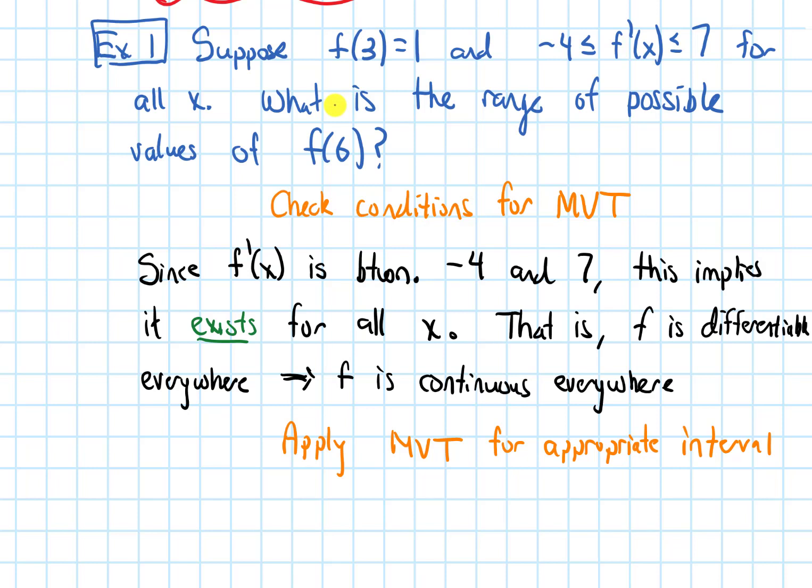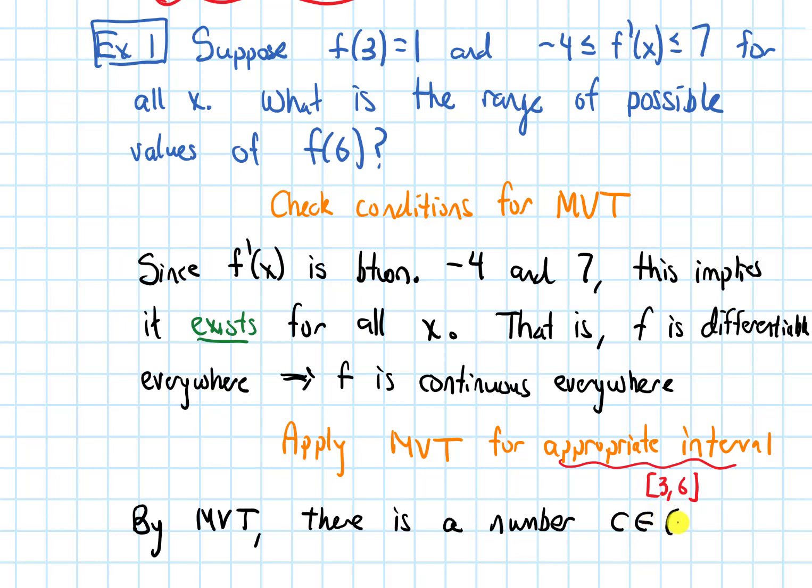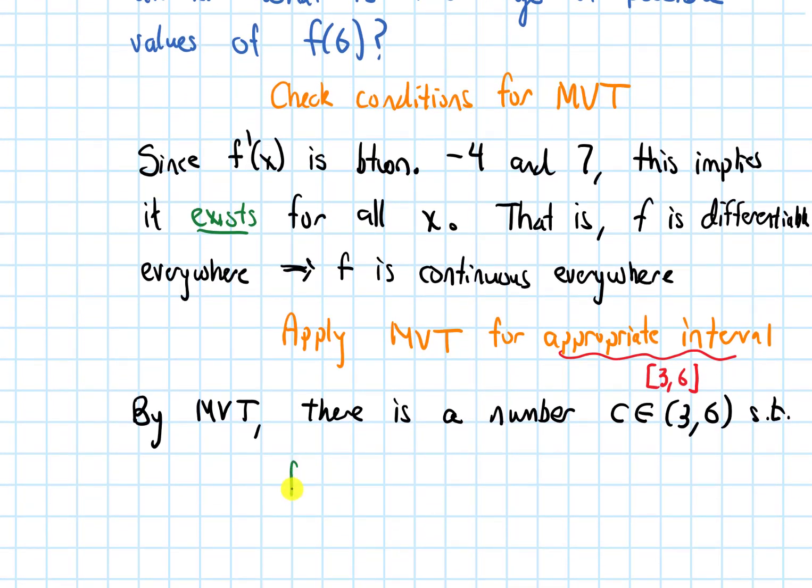By the mean value theorem, there is a number c in the open interval from 3 to 6, somewhere between 3 and 6, such that, and now I write the conclusion of the mean value theorem, f prime of c, the derivative at c, is equal to the slope of the secant line connecting the point where 3 is and where 6 is.